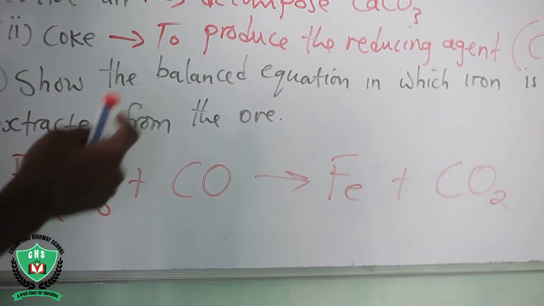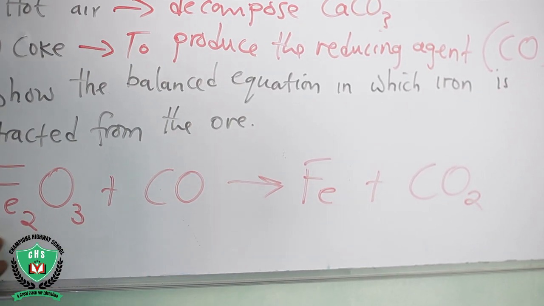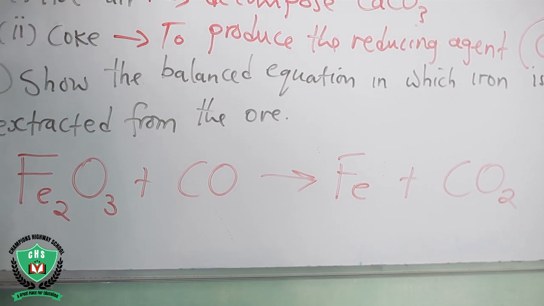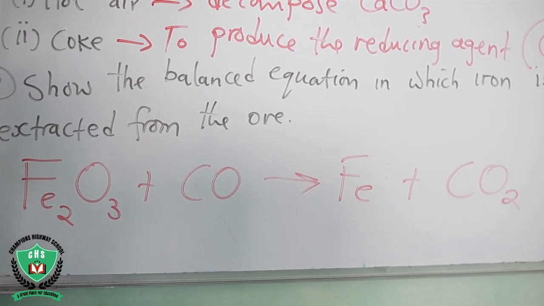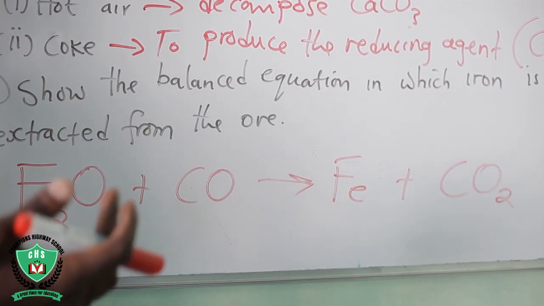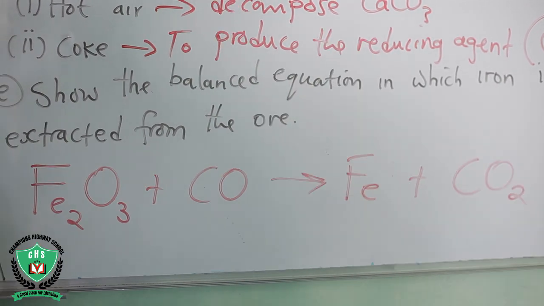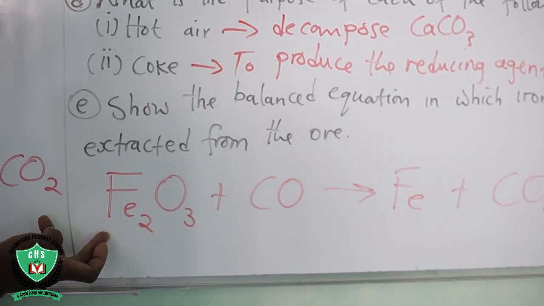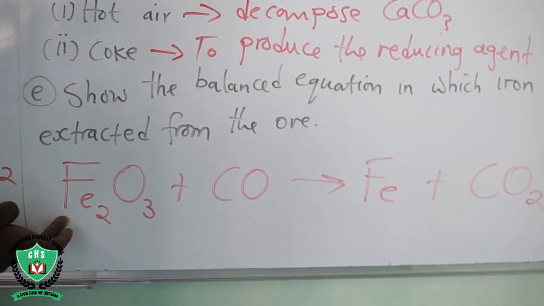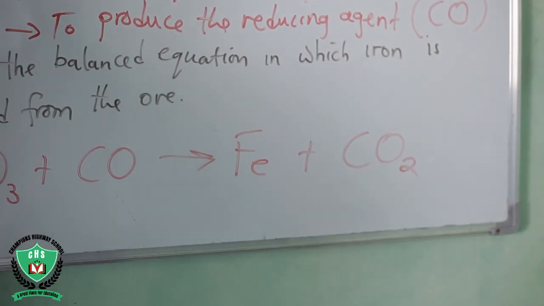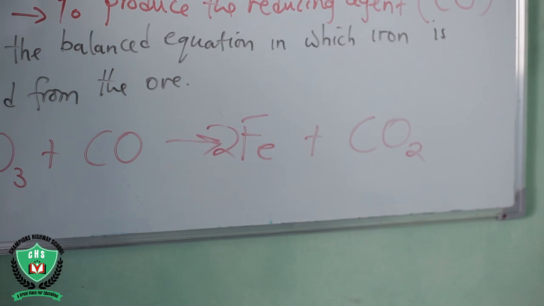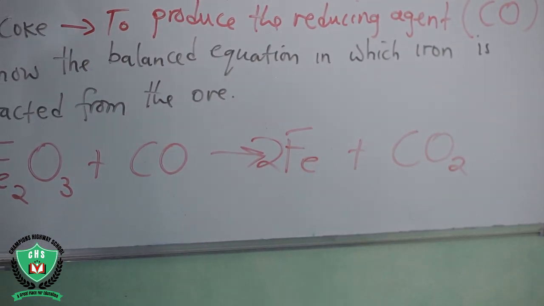So now we need to balance the equation. Balancing the equation, we need to make sure that the number of atoms of each element are equal on both sides, the reactant side and the product side. Here we have 2 iron atoms, so we need to make sure that they are equal also on this side. So we'll put a 2 and see how we can balance it.